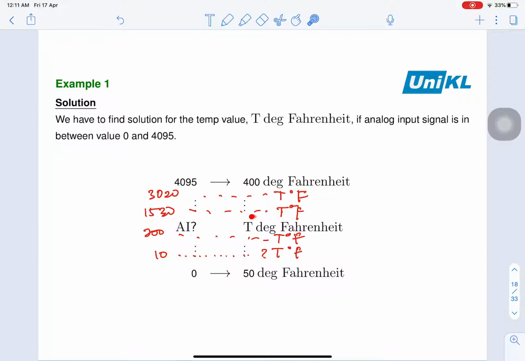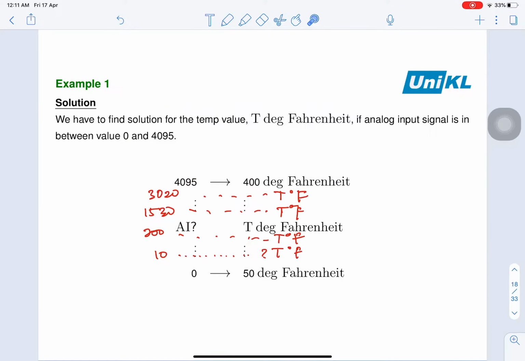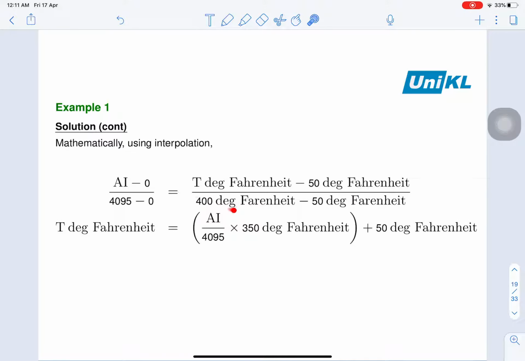So temperature in degrees Fahrenheit minus 50 degrees Fahrenheit, over the maximum oven temperature, which is 400 degrees Fahrenheit minus 50 degrees Fahrenheit. And we are interested in this unknown.